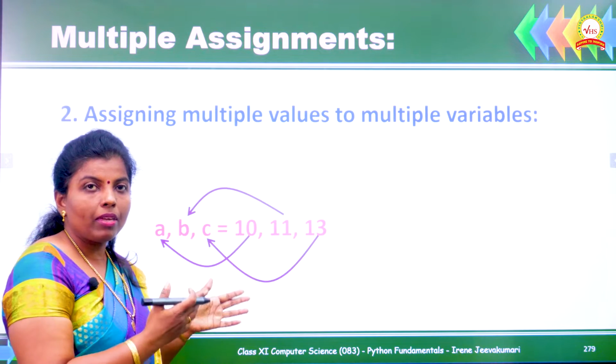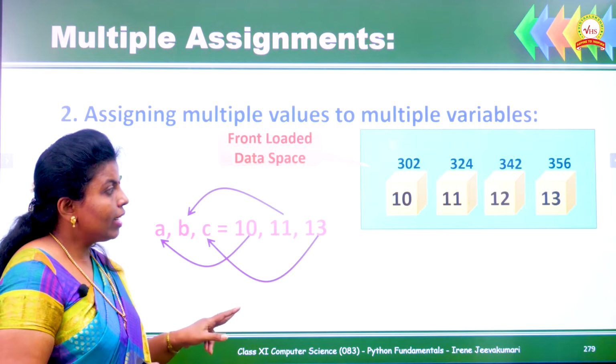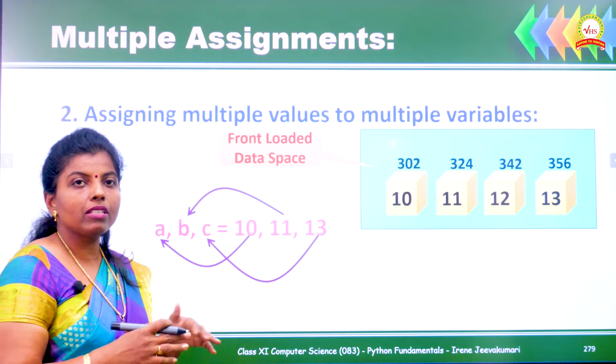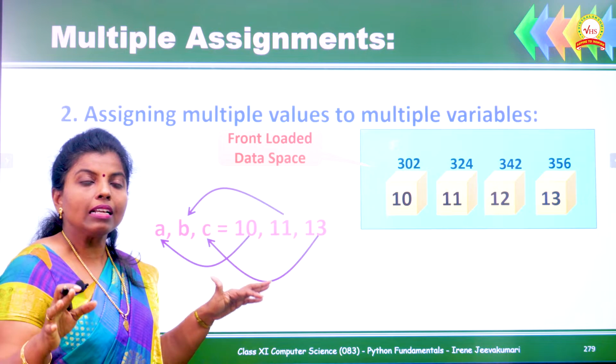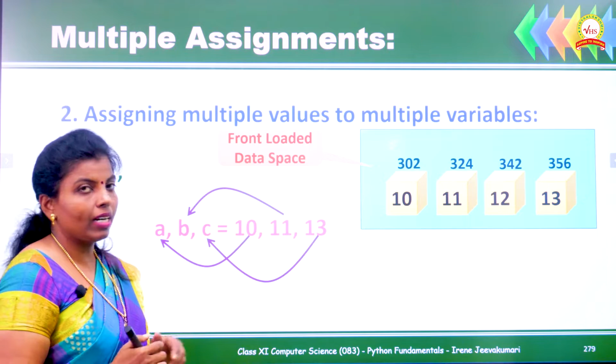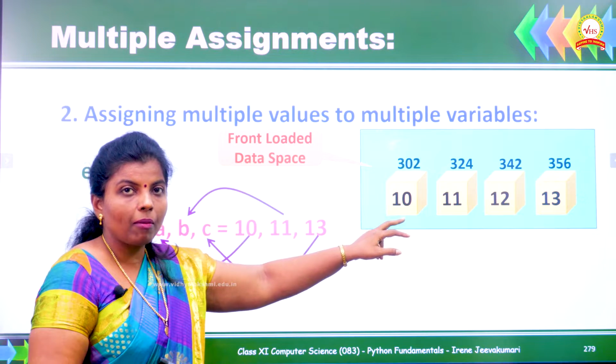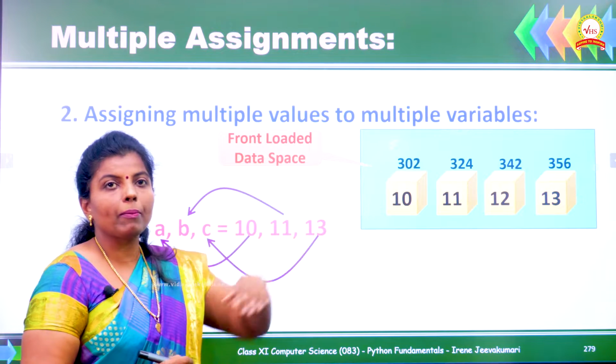Now the values are being assigned internally. In Python, what happens? Internally we have a front loaded data space for all the commonly used numbers, most commonly the integer numbers. Each and every number has a memory location and a memory address.